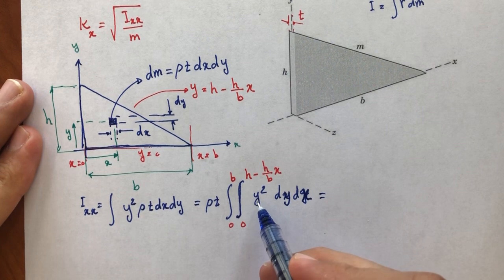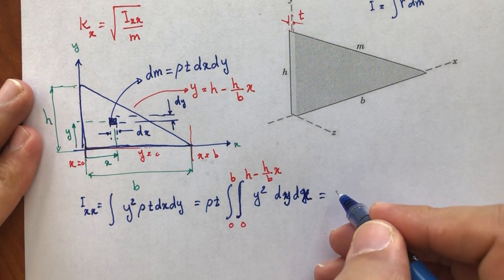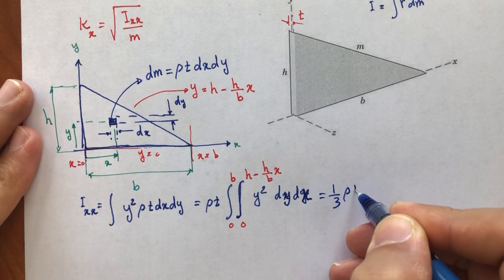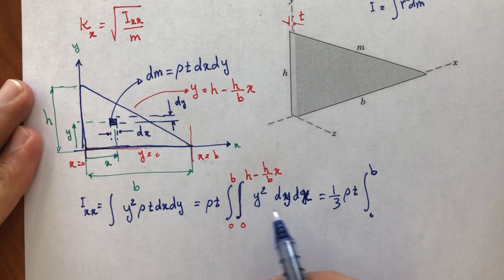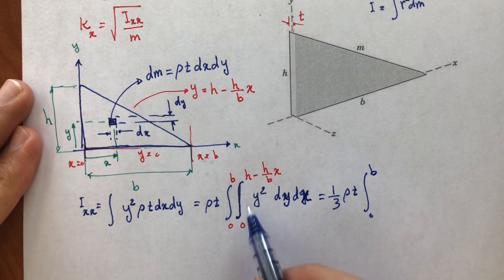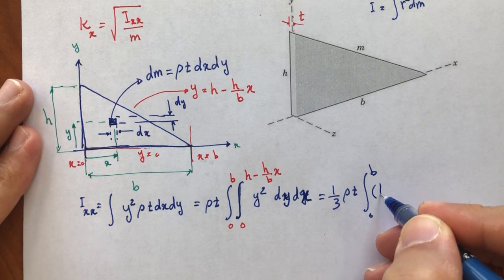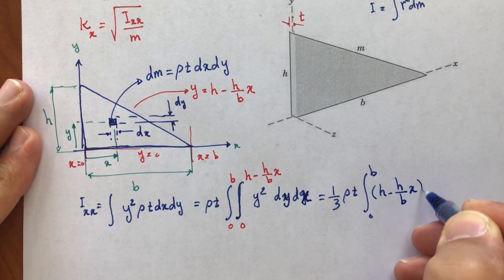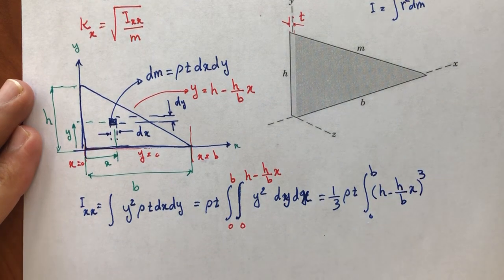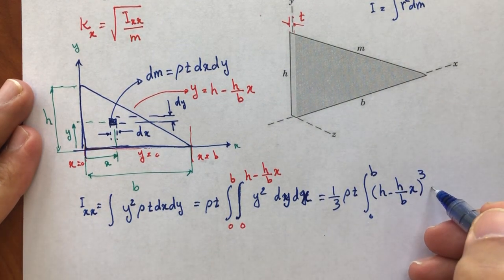The integral of y squared dy is going to be 1/3 of y cubed. So I'm going to have 1/3 of rho t from 0 to b. 1/3 of y cubed from 0 to this is going to be this guy cubed. So h minus h over b x cubed dx.